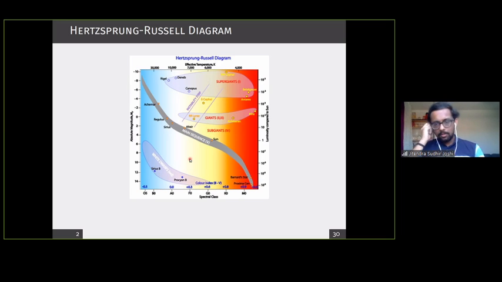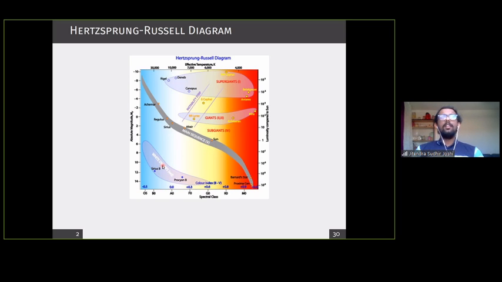There might be a few explosions, and in that process it forms a white dwarf or a neutron star. Basically it forms a white dwarf, which is a very dense and compact object, with a density comparable to that of neutron stars, but not as dense as the neutron stars.